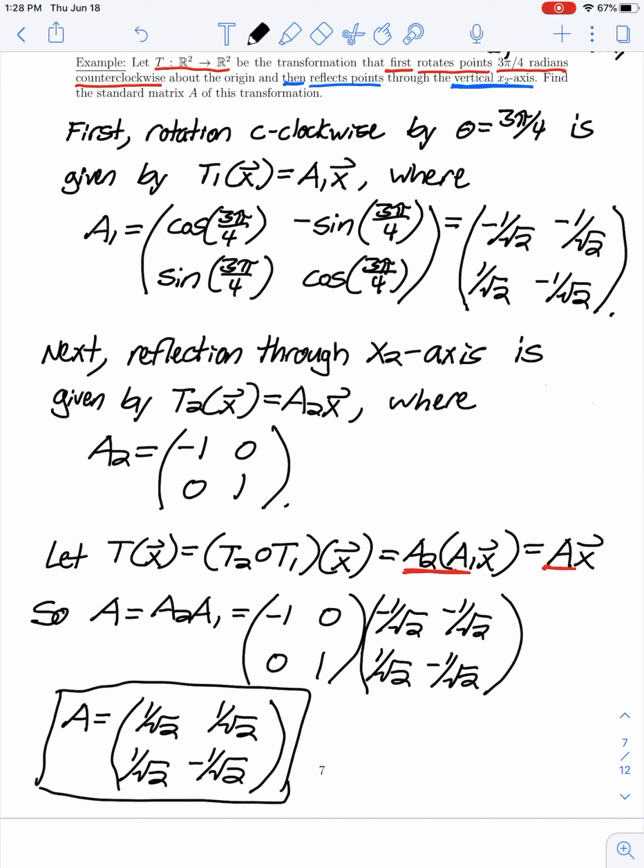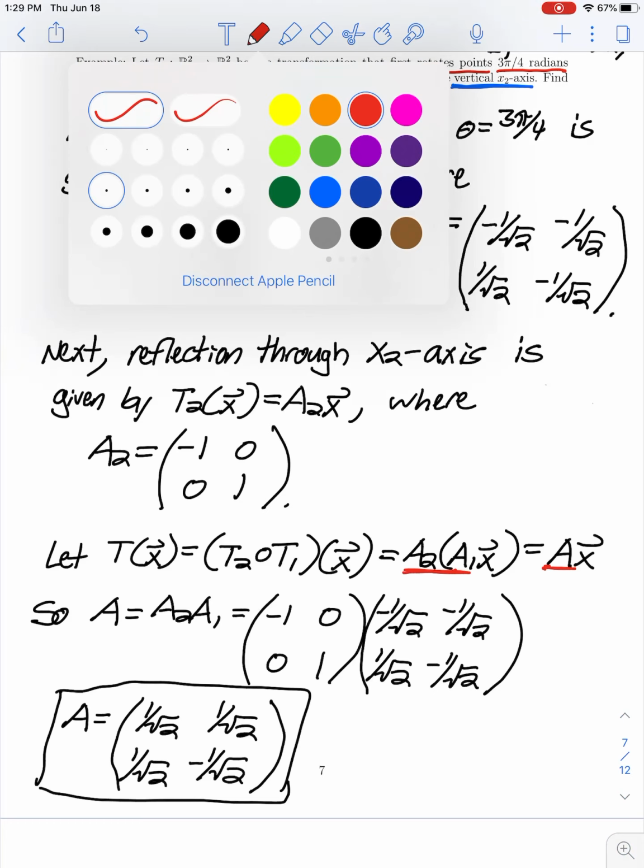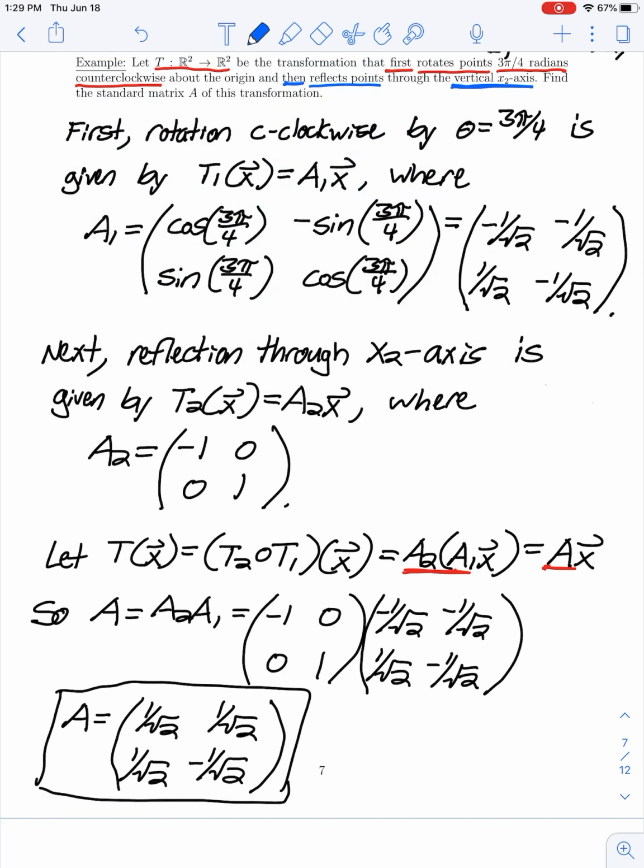Now again, how could we see this matrix product without the formal definition of matrix multiplication? Well, let's see what the matrix A2 is doing in relation to the identity matrix. So A2 takes the identity matrix I, which was 1, 0, 0, 1, and we can see it multiplies the first row by negative 1.